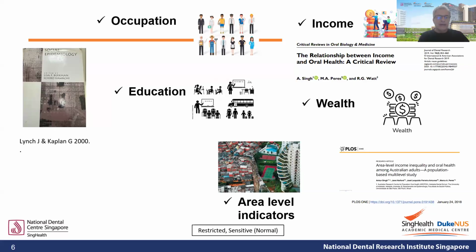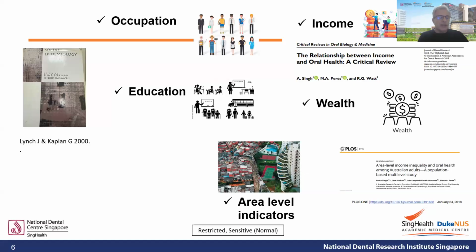On the other hand, education is frequently used as a stable indicator of socioeconomic status throughout a person's life. Occupation can indicate social standing and work-related exposures, but this may not be relevant for retired people or unemployed individuals.